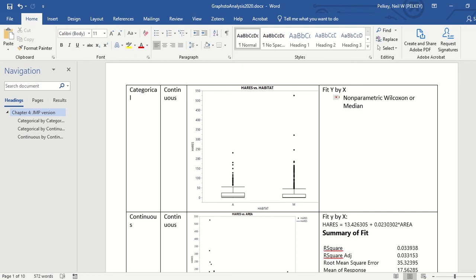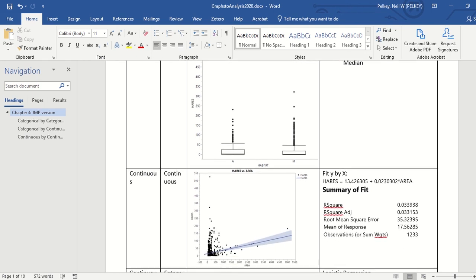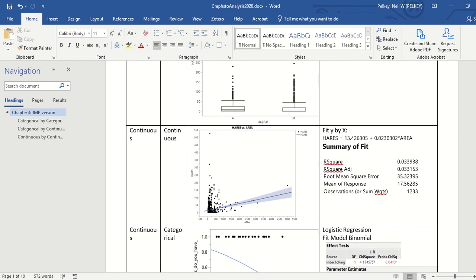Then we move into continuous by continuous, and typically that's going to be represented with a scatter plot and a line fit, not always, but typically, because it makes sense. Here we are looking at the hypothesis that there is a relationship between how big the habitat area is and how many hares were counted. Clearly not a very strong relationship, because some of them are way up here and some of them are out there.